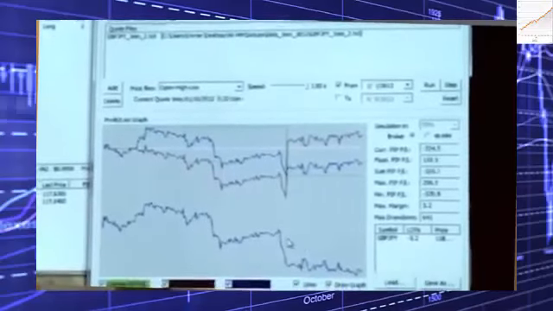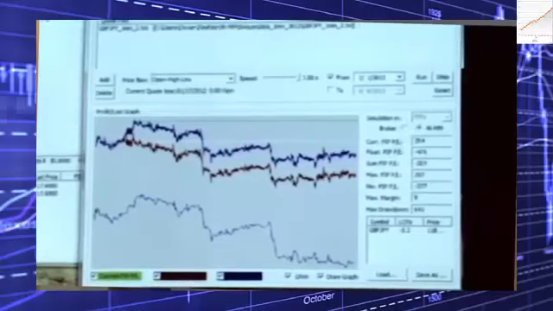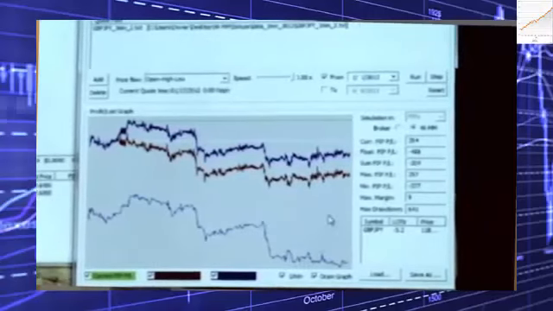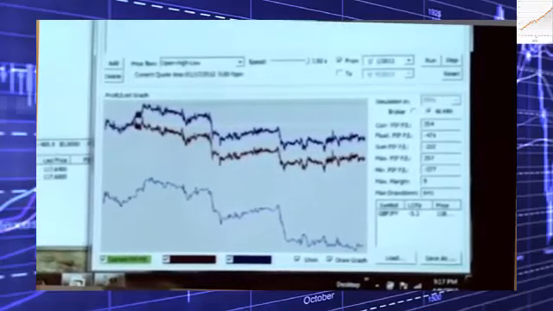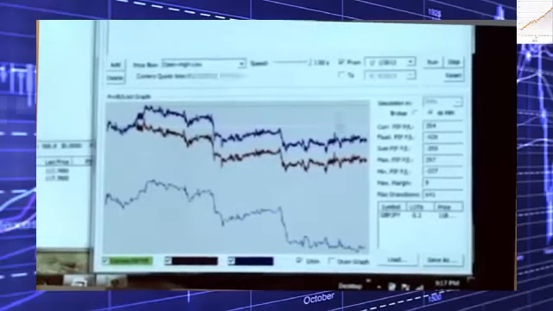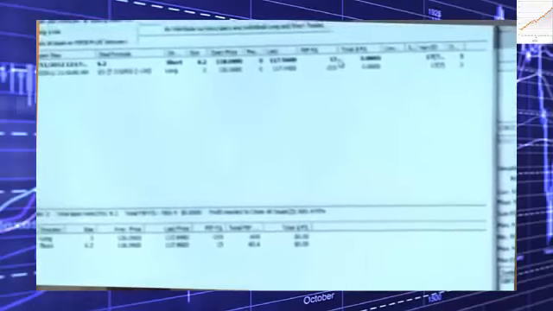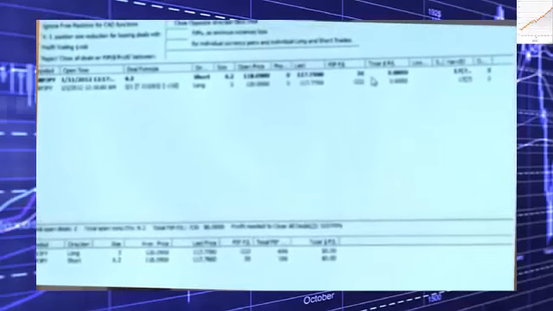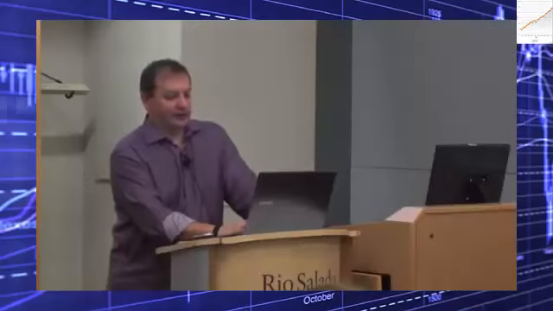Well, is there any wonder? When I draw the graphs, it slows the calculations down, so I'll just let it go. And over here you see the status of the current open trades. The market's pretty flat.